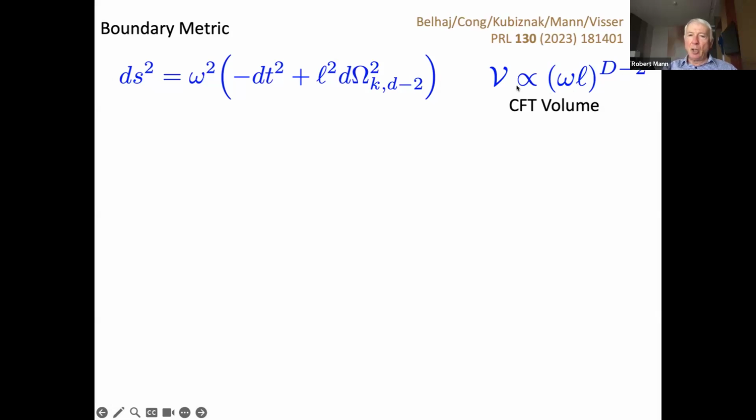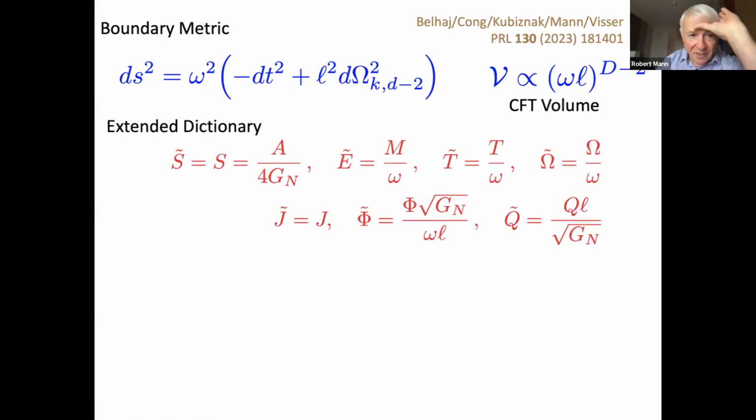So the CFT volume is like this, and we thought, well, why not vary omega? In other words, let's vary the size of the space, the volume of the CFT.